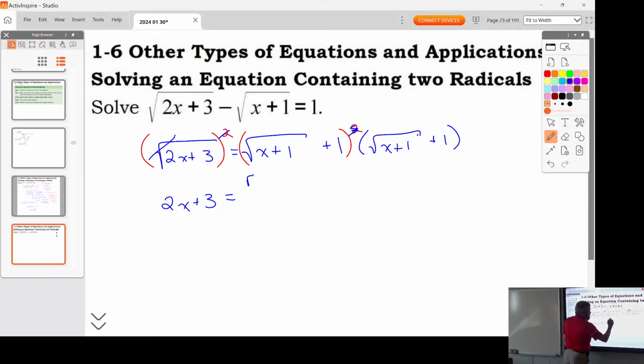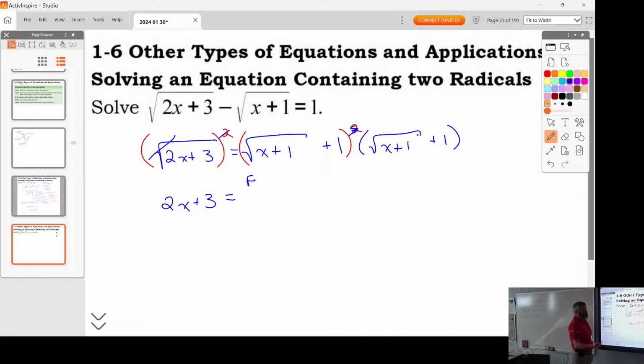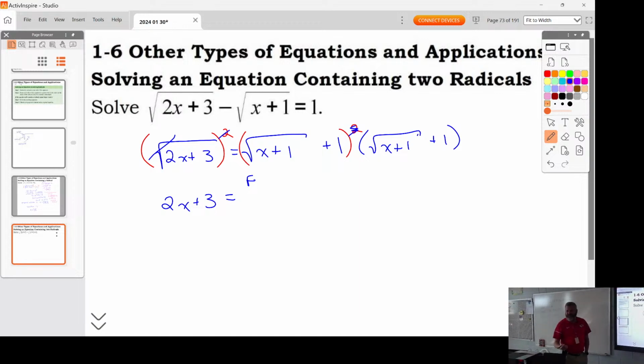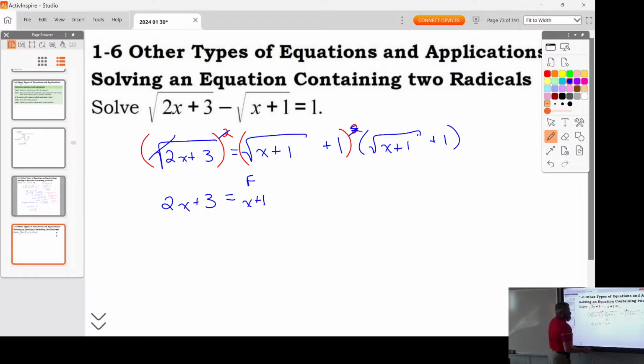First times first. Square root of x plus 1 times the square root of x plus 1 is x plus 1. Okay? Outside times outside. Square root of x plus 1 times 1 is just the square root of x plus 1.